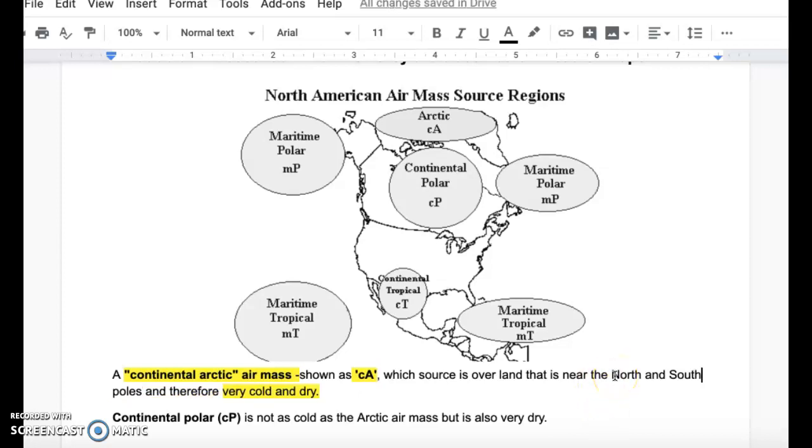Okay. All right, now that is near or above, within the Arctic regions.